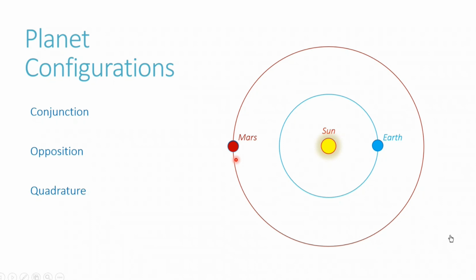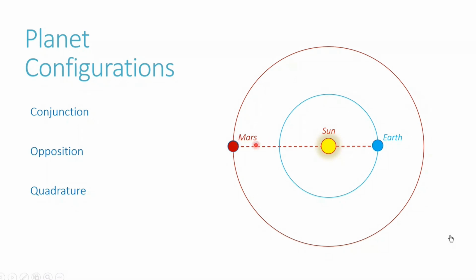Now, with varying speed, it is possible that the Earth and a particular planet may be at different locations with respect to the sun. For example, right now when you see in the diagram, you can see that for an observer on the Earth, the sun as well as the planet Mars are in the same direction.